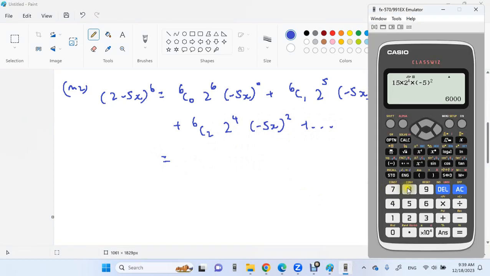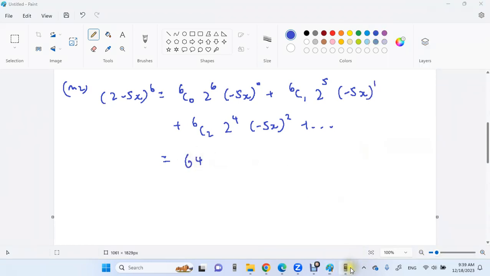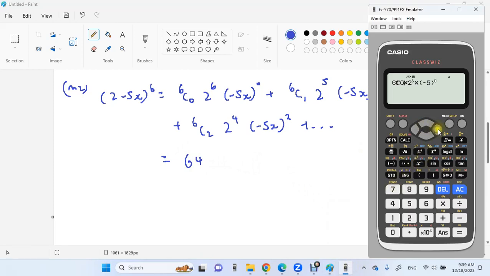So we have 6C0 times 2 power 6 times negative 5 power 0. Then we have 64. And we have 6C1, 2 power 5, negative 5 power 1.